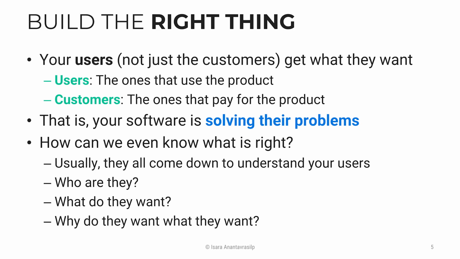Now, building the right thing. Okay. In order to make sure that your software solves your users' problems correctly, you need to make sure that you understand your users correctly. But before we go on to that, let's just introduce the two words that we are going to use a lot in this course and also in the software design process.